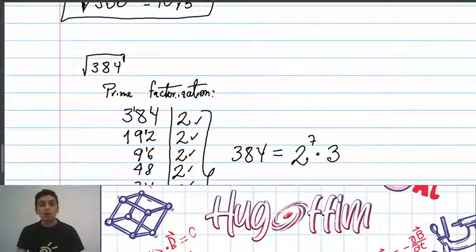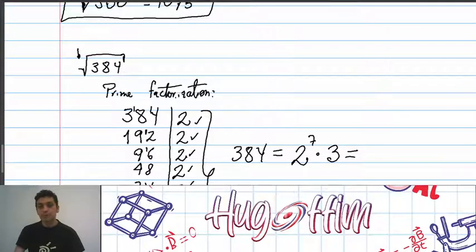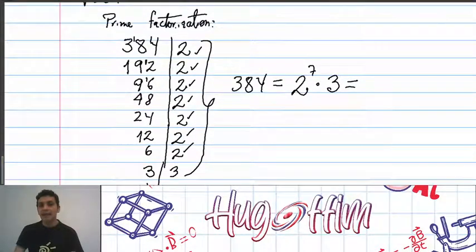What I'm going to do is to rewrite 2 to the 7th power, because my index here is even, it's 2. So it's better if I have a power that is even. So I'm going to rewrite this 2 to the 7th power only as 2 to the 6th power times 2.